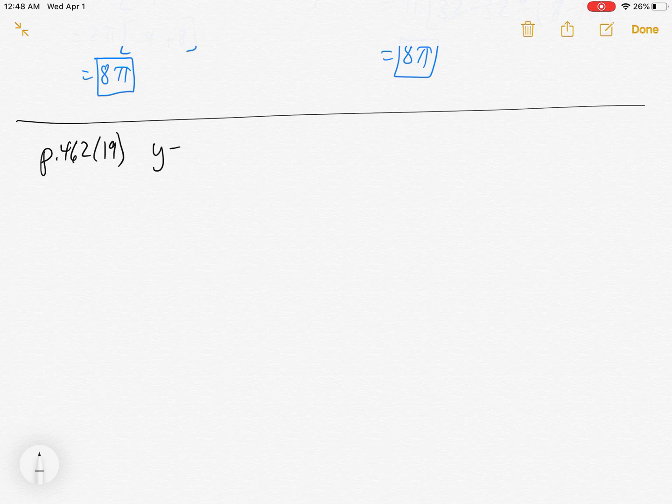And they give you the equations y equals x cubed, x equals 0, and y equals 8. So let's try it with both. Let's try shell first.